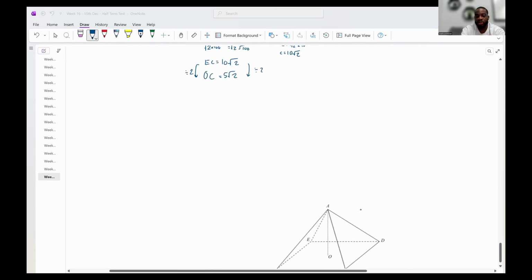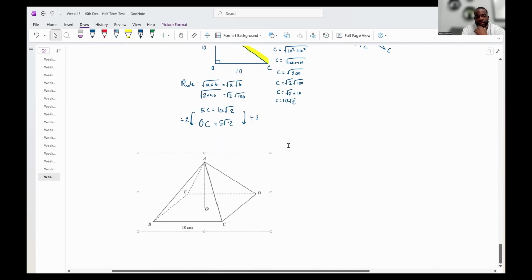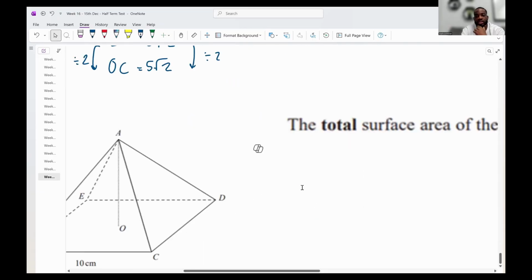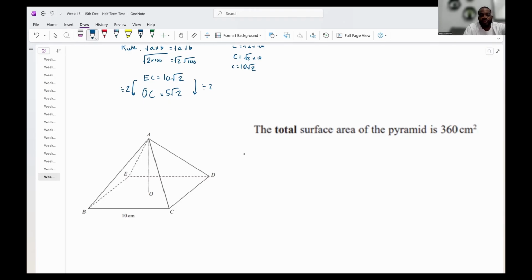So where's my last triangle? And let's see how we can use that. Well, what can I say here? Well, the total surface area of this pyramid. Well, how many sides does this pyramid have, guys? It has five, isn't it? Right?